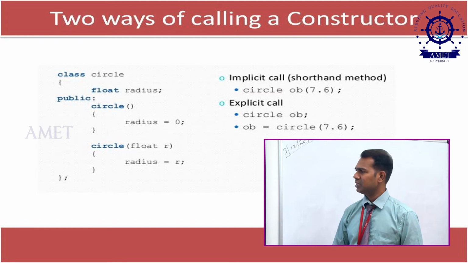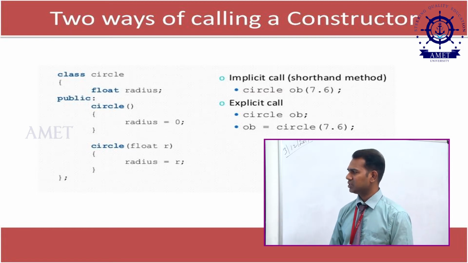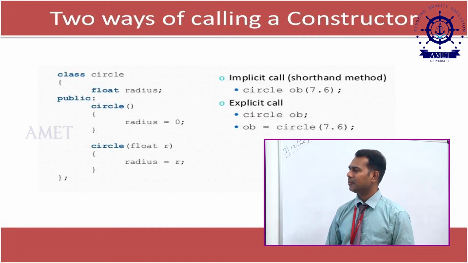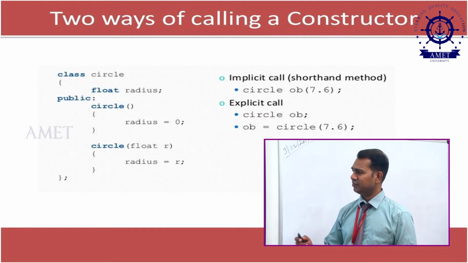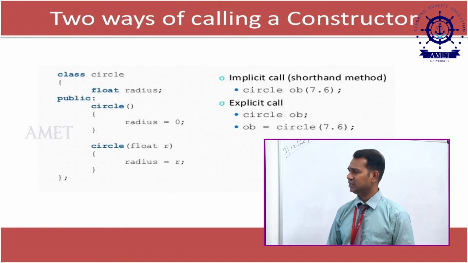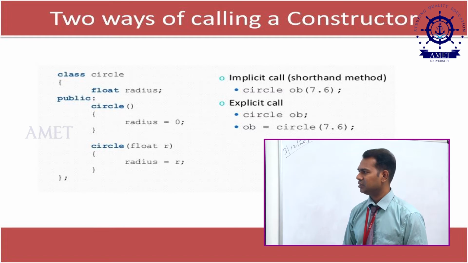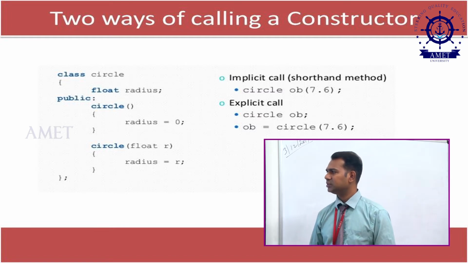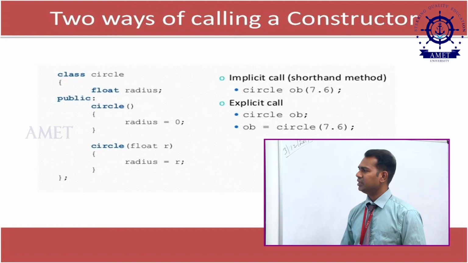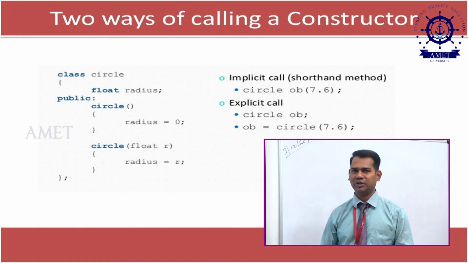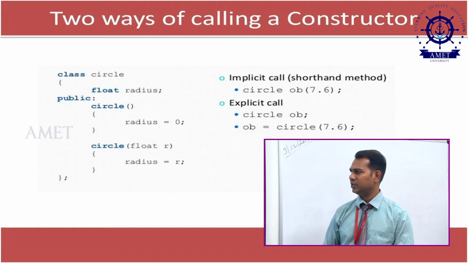In this program we have two implementations as an example, and on the other side we have the definition of two constructors, default and parameterized. How can we call these two constructors in two ways? For the first, the default one, you just create an object of type Circle, and automatically the default constructor will be called.